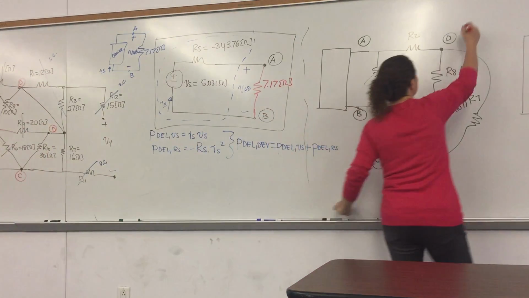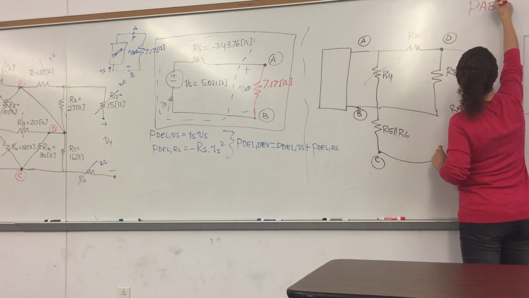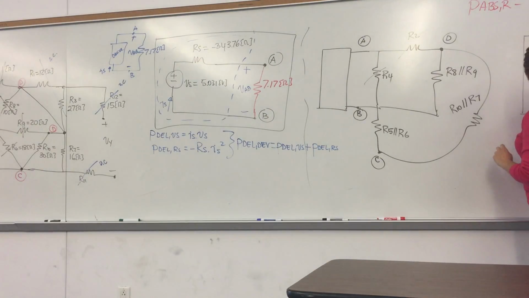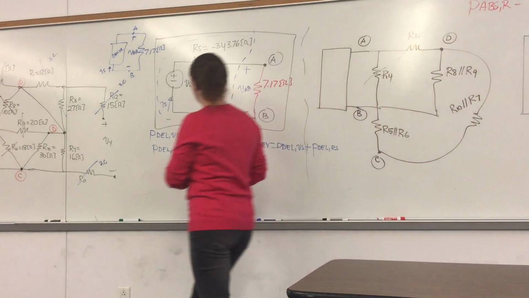Remember that we discussed the power absorbed by a resistor, and we said that's going to be either VR squared over R or IR squared times R. But because those are squared, for a real resistor, it's always positive, right? So that's why I made it negative. Okay? Any other questions?